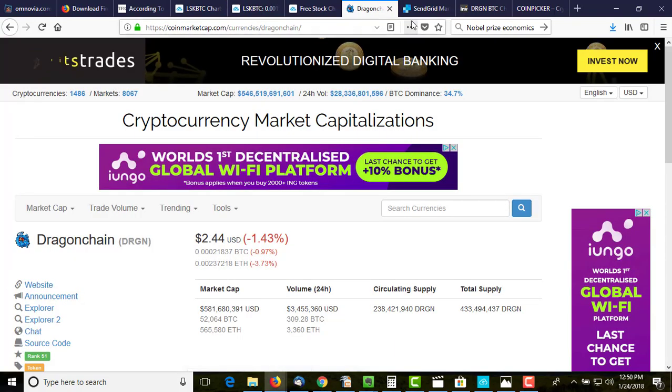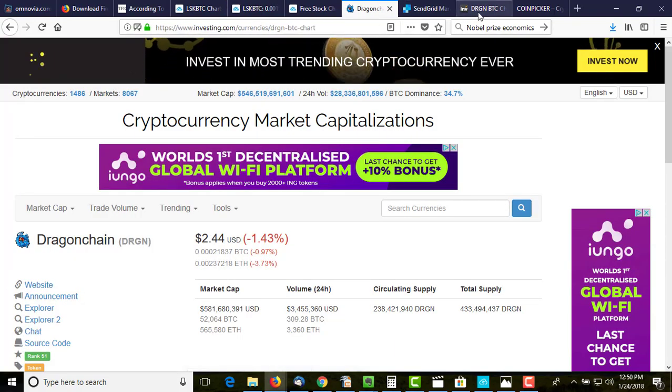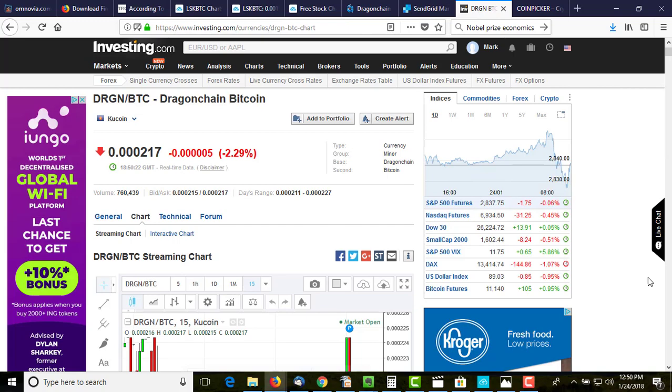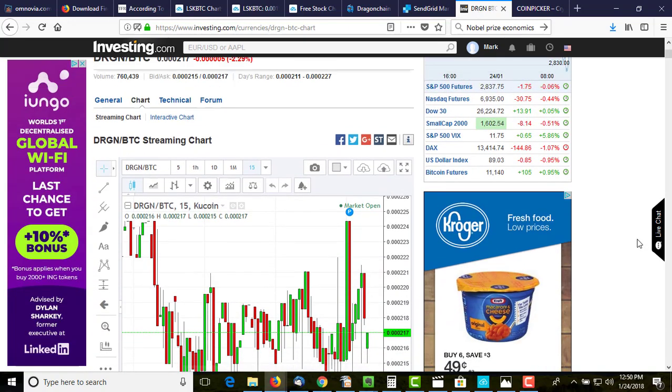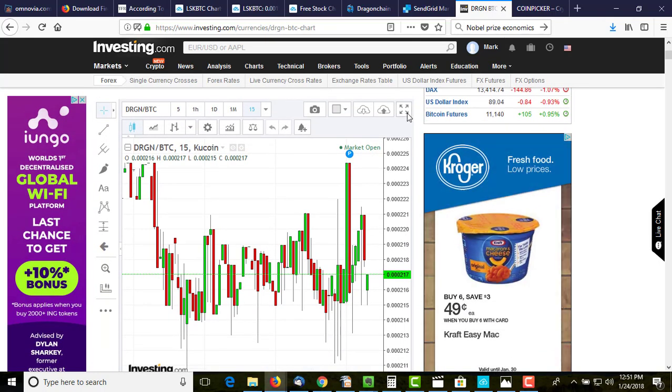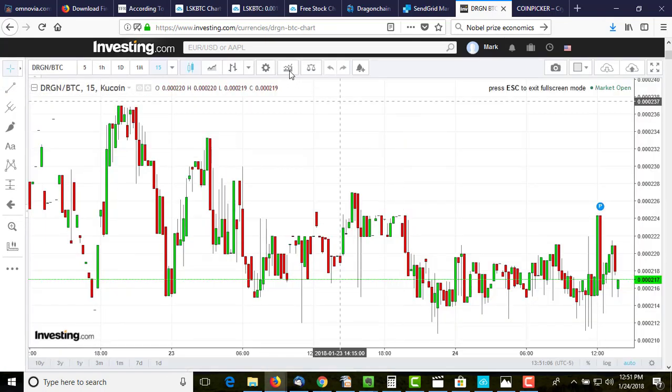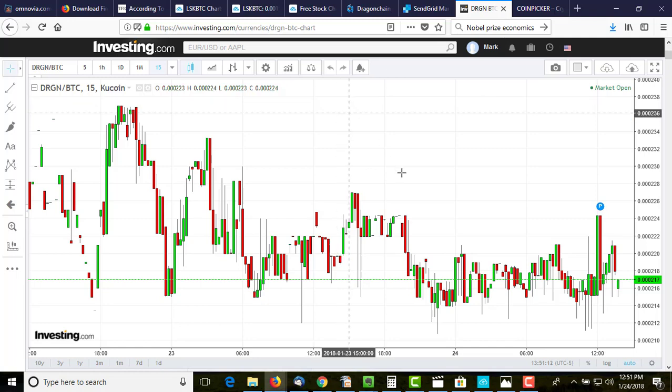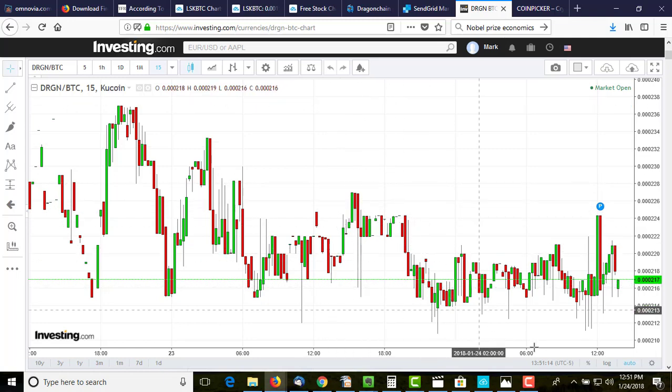Let's take a look at Dragon Chain, which, by the way, I could not get the details on Dragon Chain on TradingView. So that just shows you it's not quite at the level of some other projects. Let's expand this really quickly here. Take a look at some indicators that I like to use. Okay, well, Dragon Chain, in terms of relative performance, is lagging.